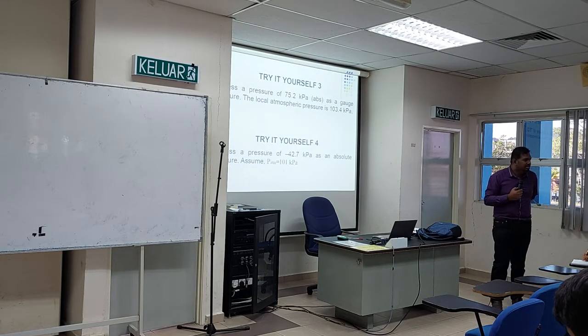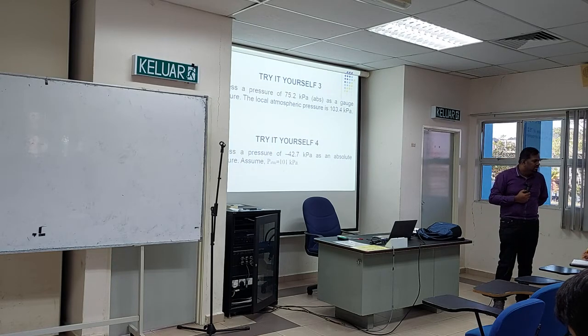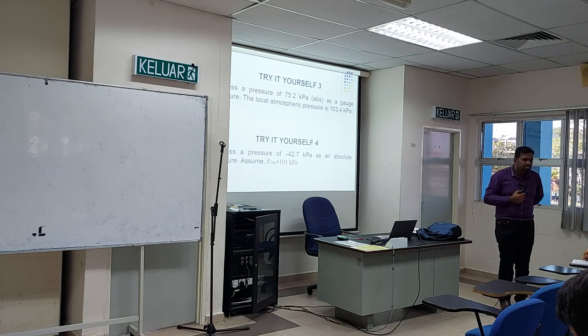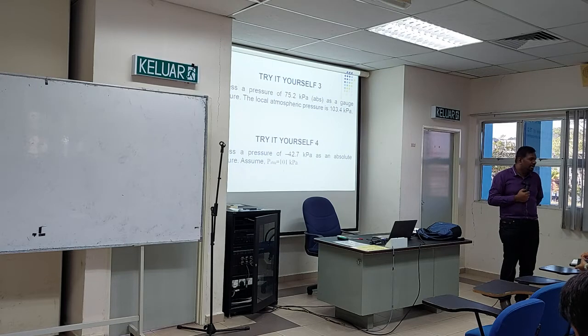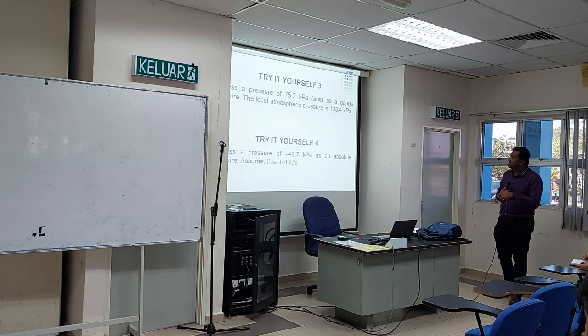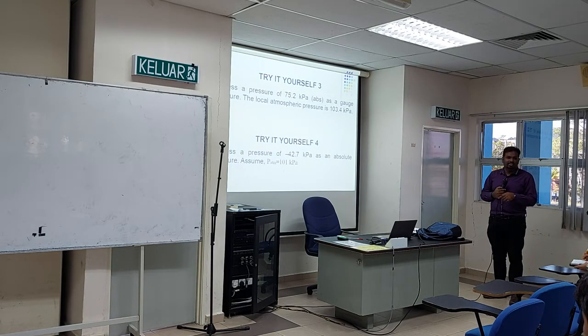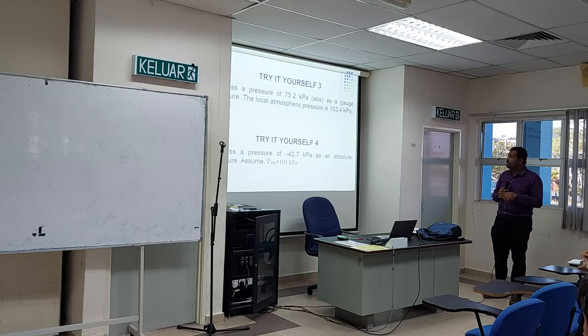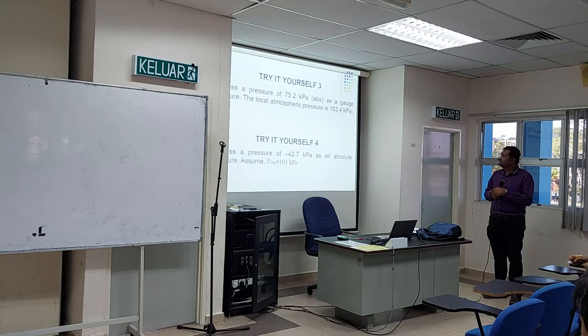So dapat berapa answer? Negatif 28 point something lah. So that is the gauge pressure. So you boleh tulis negatif 28.2 kilopascal gauge. Boleh letak perkataan ni gauge.